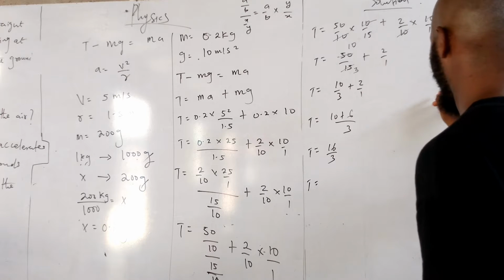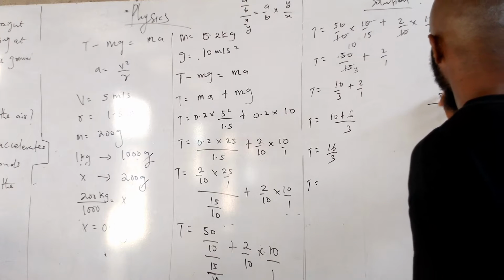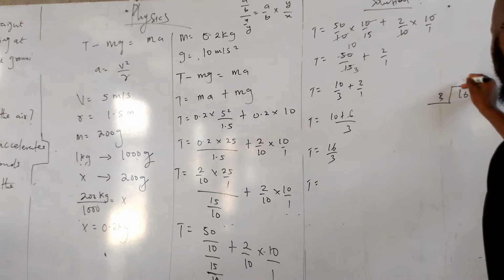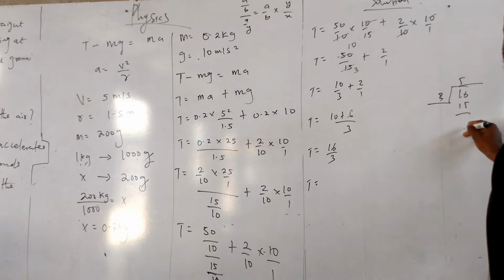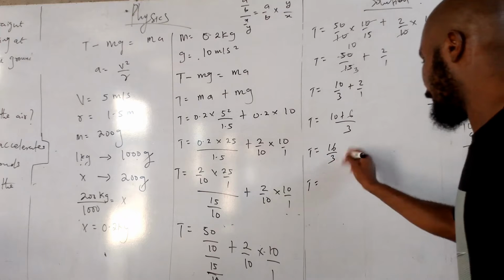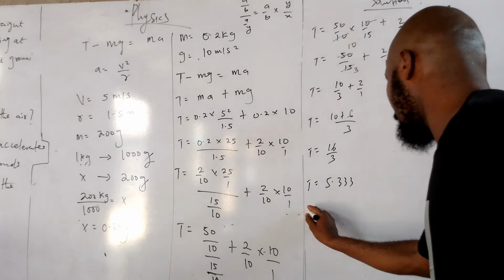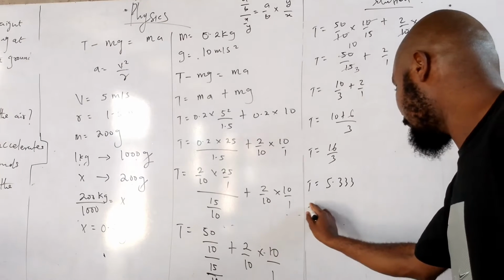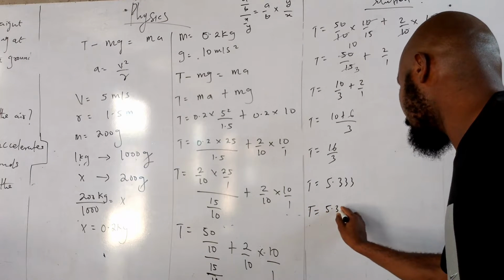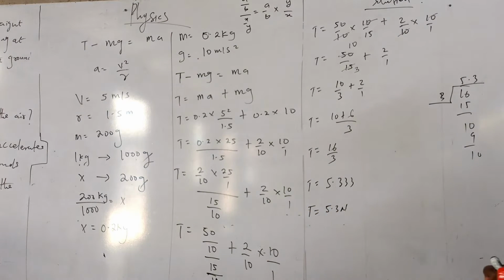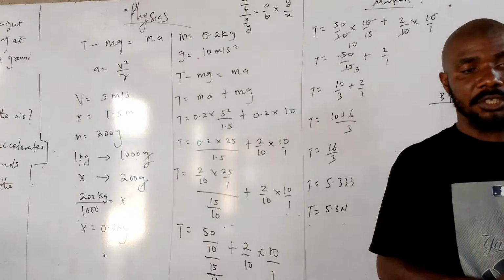I have 5 here, 15, 1, I have to put the decimal point here, 3, 1, 0, recurring. So if I divide this, I have 5.333, keep going. So I want to leave it in one decimal place. So my T is equal to 5.3 Newton. So the tension in the string is 5.3 Newton.